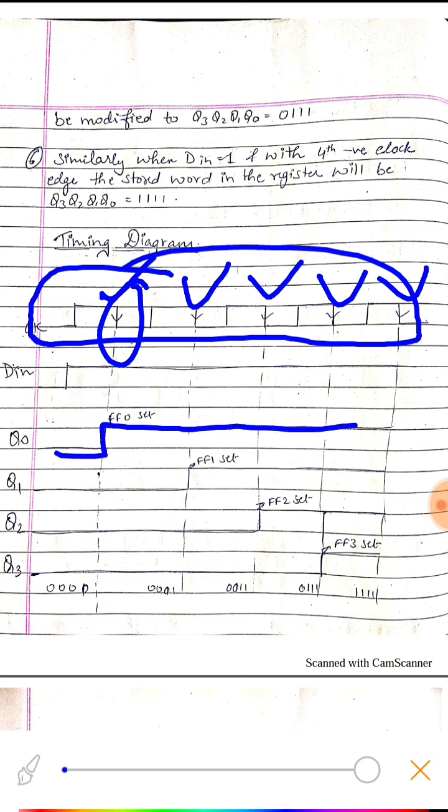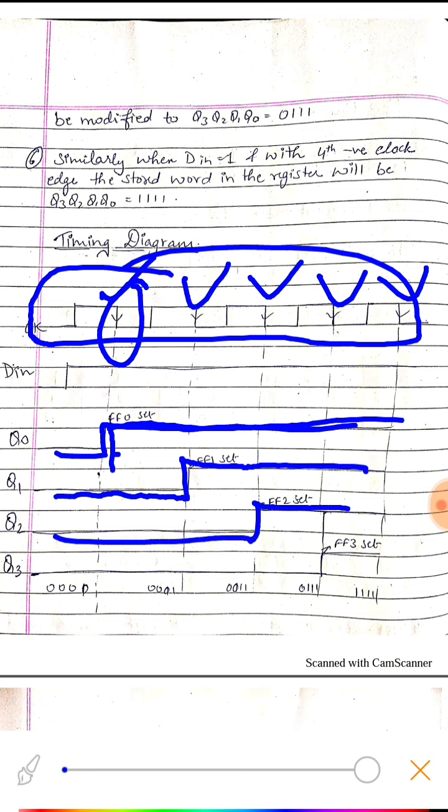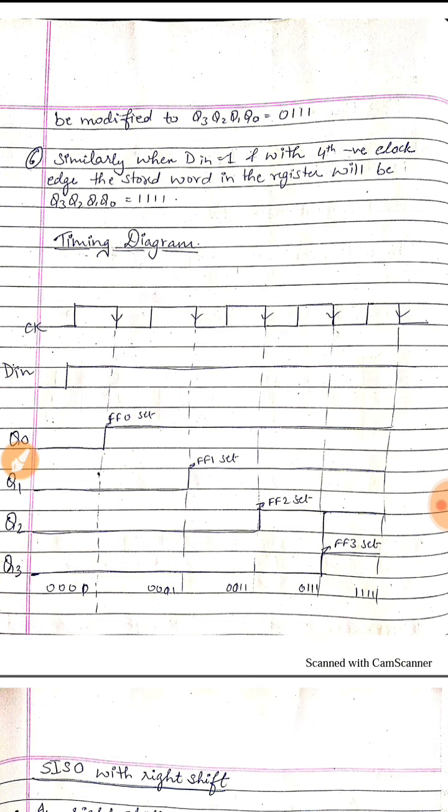On the second edge, the data in Q1 will become 1. Similarly, at the third negative edge Q2 will become 1, and at the fourth negative edge all the values in the flip-flops will become 1 1 1 1. So this is how it is done.